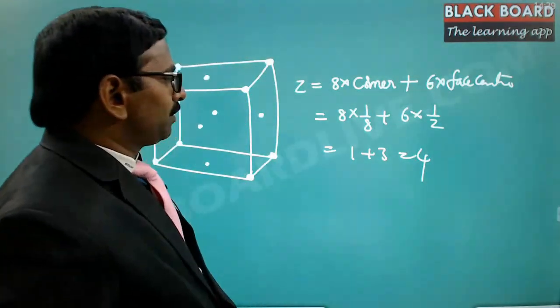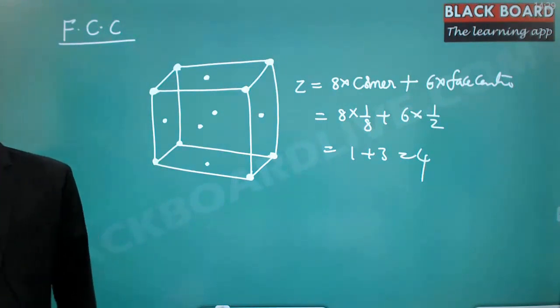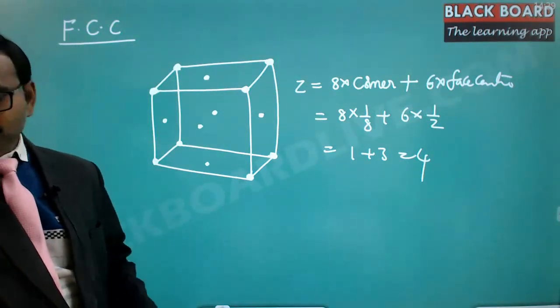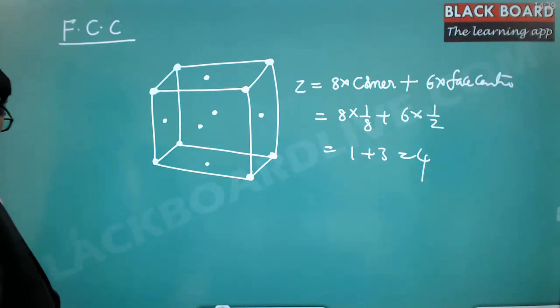So the number of effective atoms in a face centered cube is 4. Now we try to calculate the number of effective atoms for the hexagonal system. In a hexagon, the unit cell is like this.